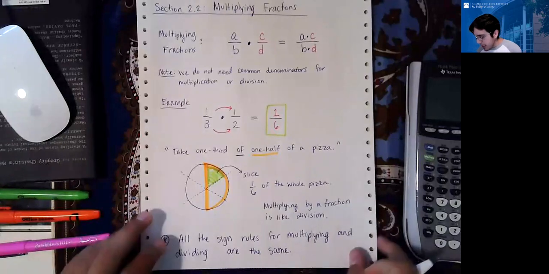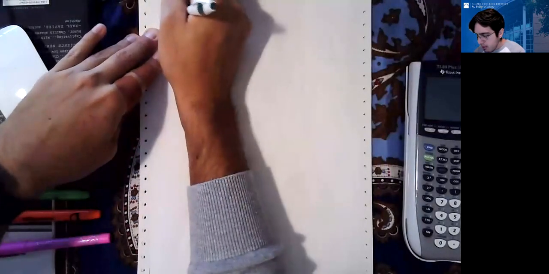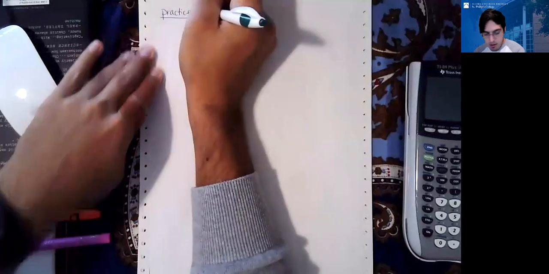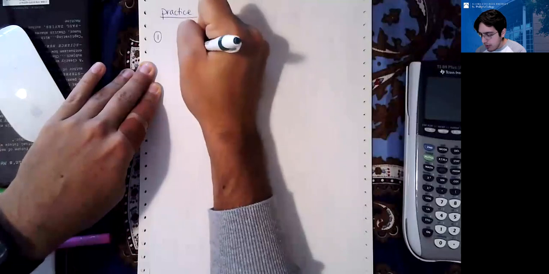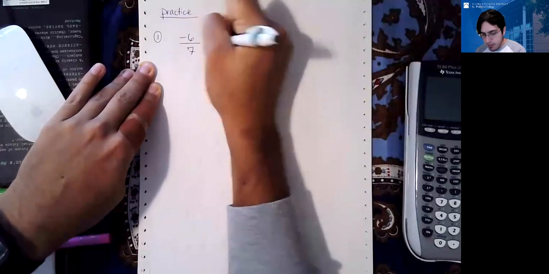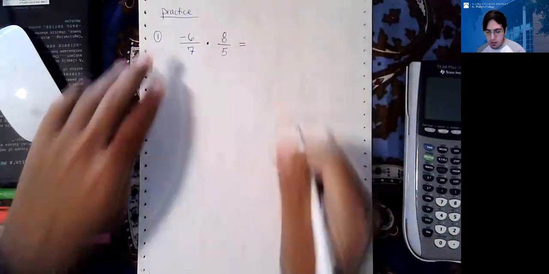So let's do some practice. If I have -6/7 times 8/5, what should the result here be?